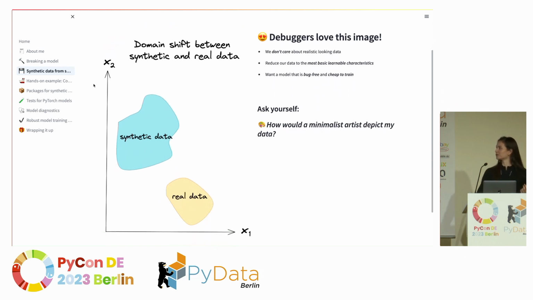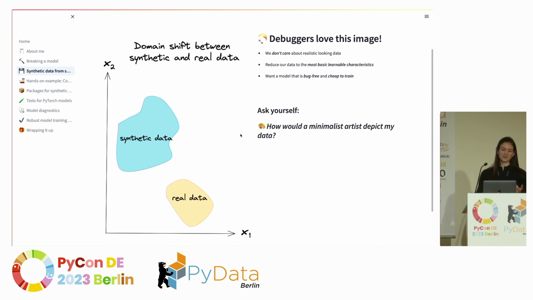And I want to start with an image that is not evoking positive emotions for machine learning engineers. Here we see a domain shift between synthetic data and real data. And usually this is not evoking positive emotions for us because usually we're creating synthetic data to pre-train a model, and then we see our real data is actually completely distant from our synthetic data, and we cannot generalize with our model.